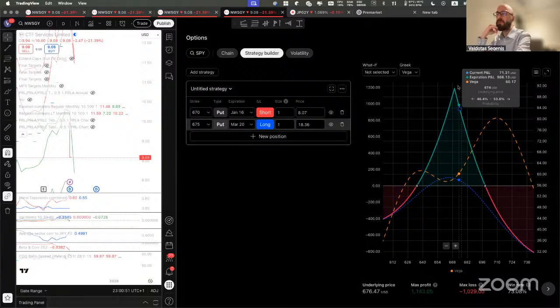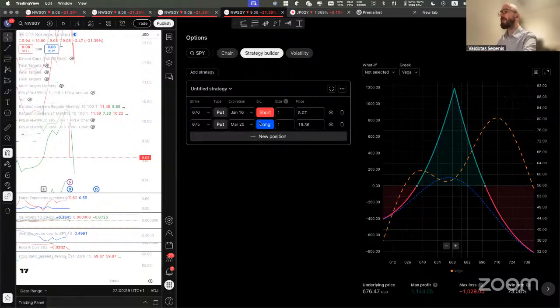Because if we would do simple calendar, then you don't know what implied volatility would be. And here we don't care about implied volatility at all. Because if on January 16 market is below 670, why it's not a risk and everything is fine? Because this strike is 675, and this put option will be at least $5 plus whatever extrinsic value it has in profit.